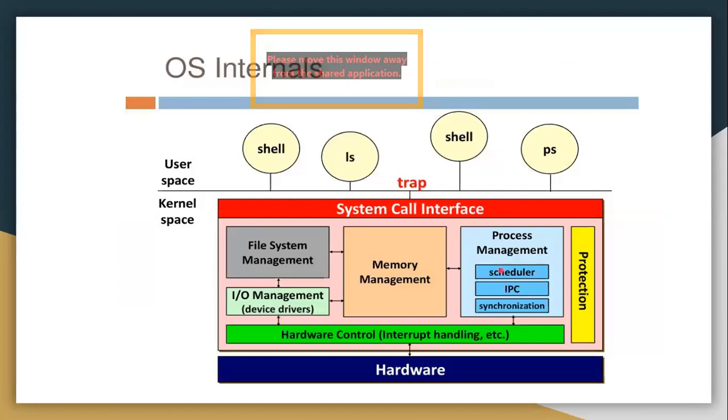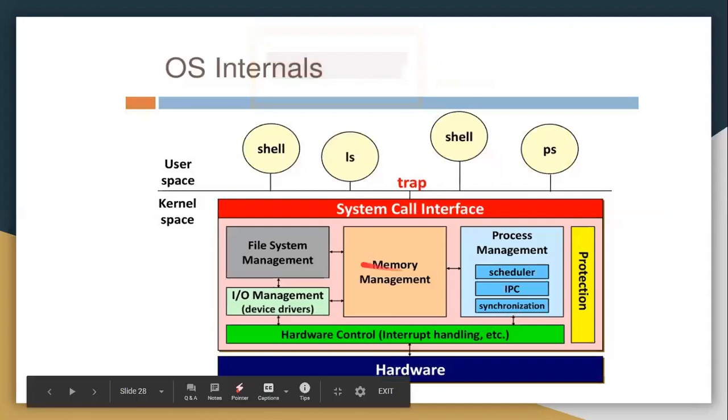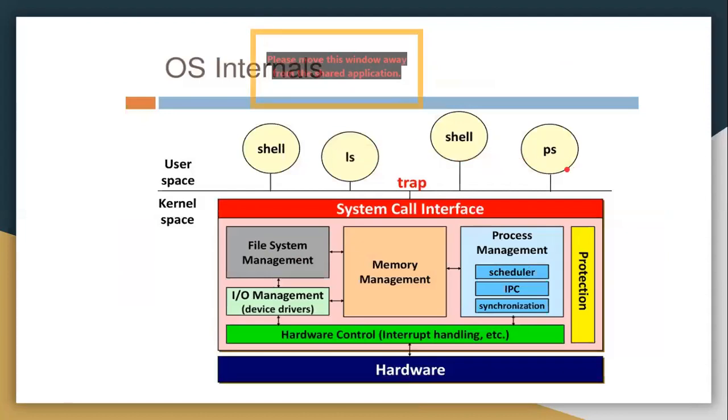This is a diagram of your kernel, already discussed, with all the functions like memory management, file management, and protection. These are the commands written by the users in the user space, and these are run by the kernel and interact with the hardware.